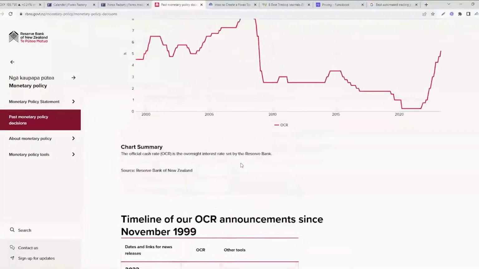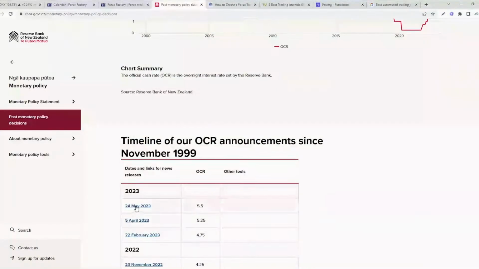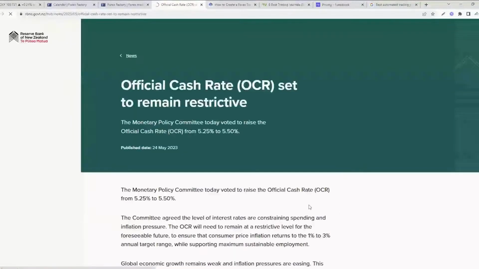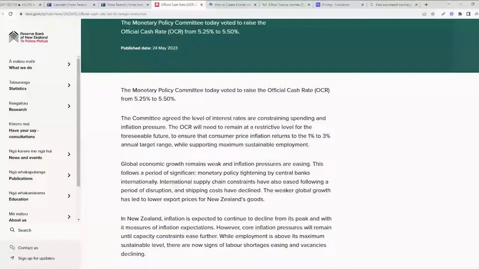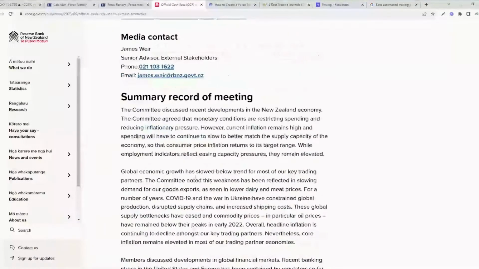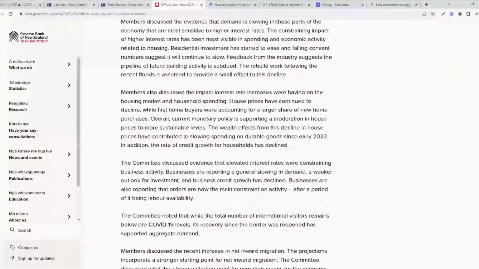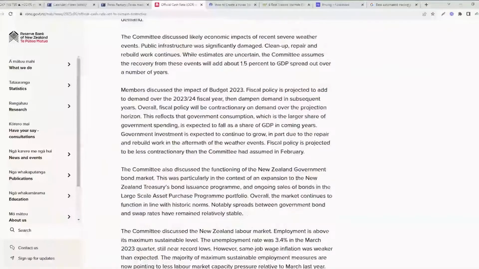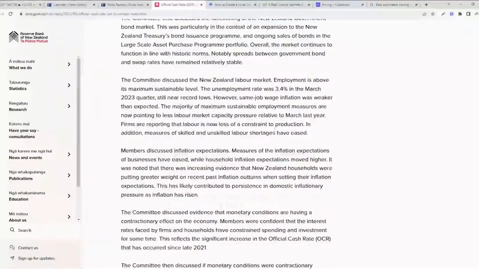So on 24th of May 2023, the official cash rate was raised from 5.25 to 5.5%. And if we click on the date, you can read more about what happened during that meeting, if you wish to do so.